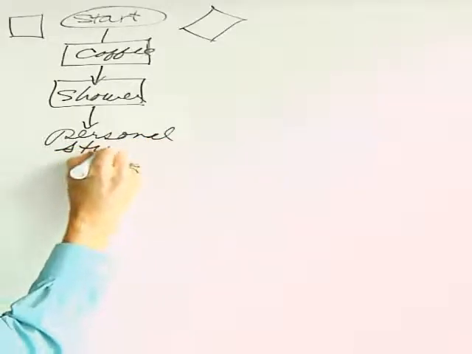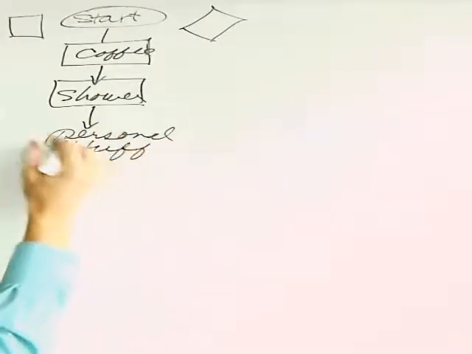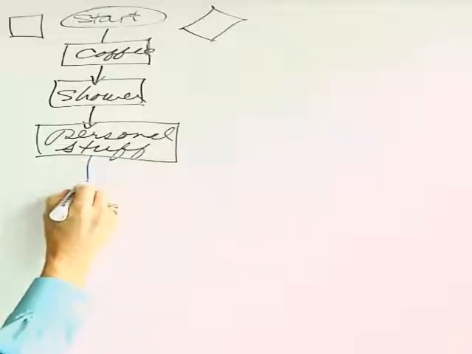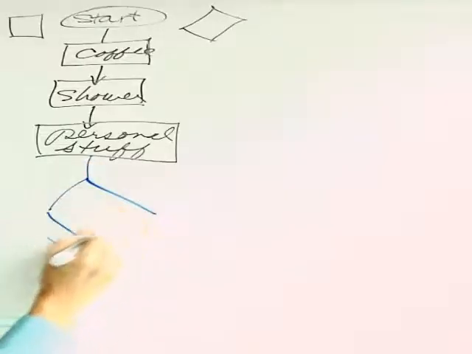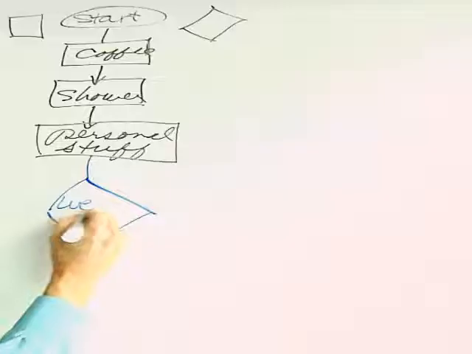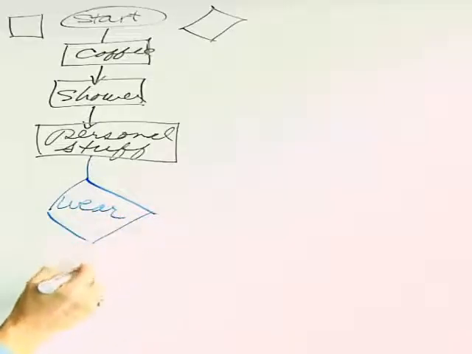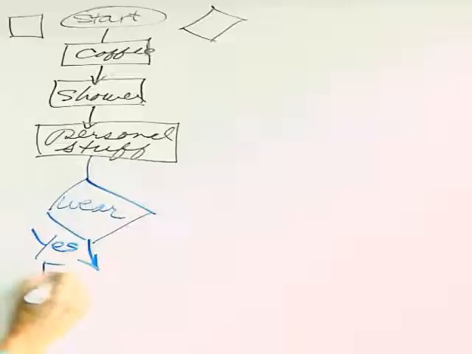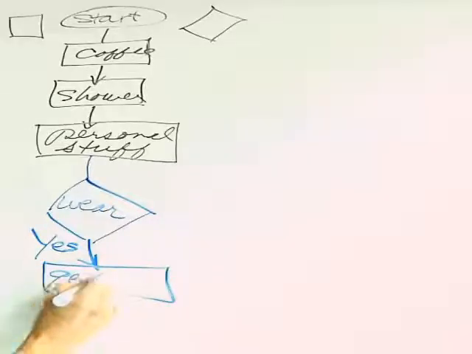That's, again, shaving, hair, makeup, etc., whatever you need to do personally. Now, we come to the first question, and that question is basically, do I know what I'm going to wear today? If I do, and I say yes, I get dressed.